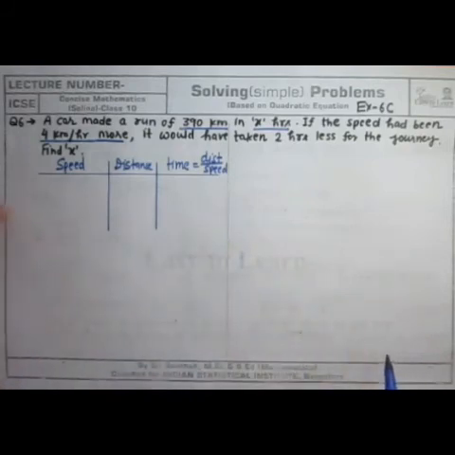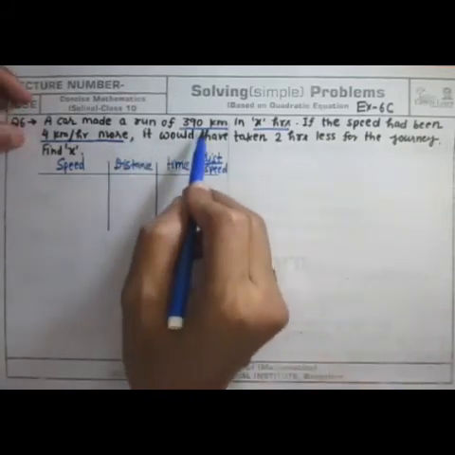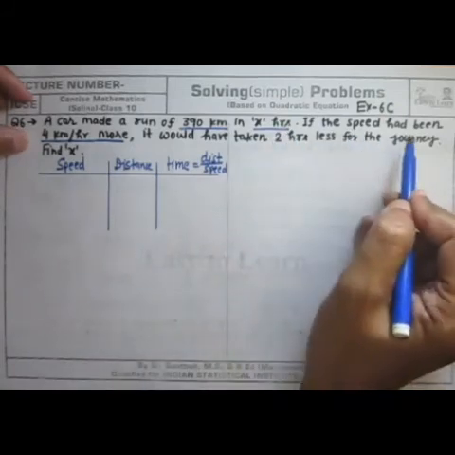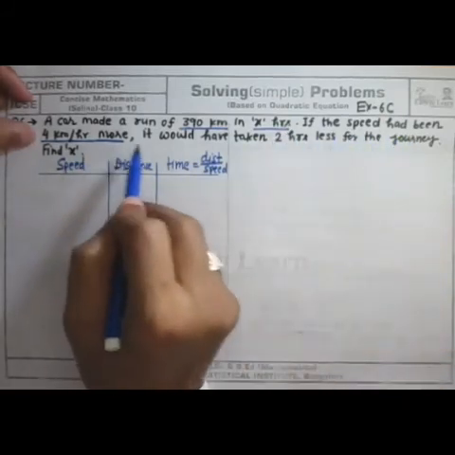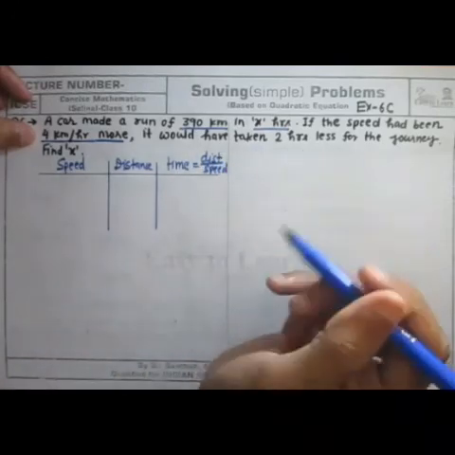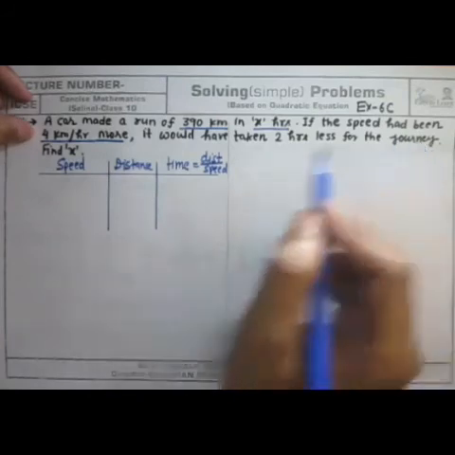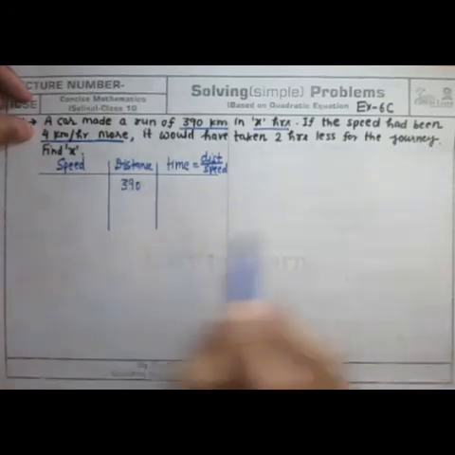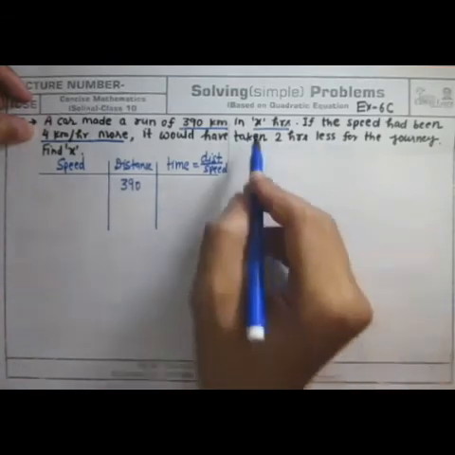Now a car made a run of 390 km in x hours. If the speed had been 4 km per hour more, it would have taken 2 hours less for the journey. Find x. Now this time the distance 390 km covered by any speed, it takes x hours.